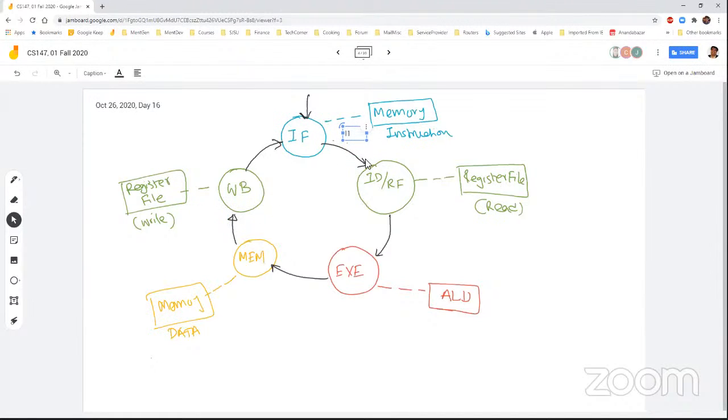So the idea is this: when it sends this to the register fetch, I bring back the next instruction from the memory, I2.